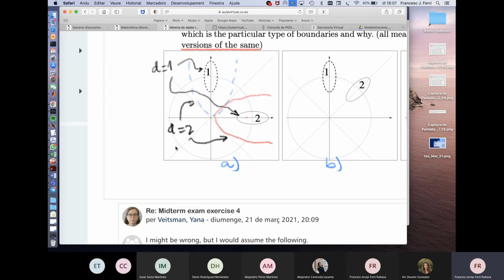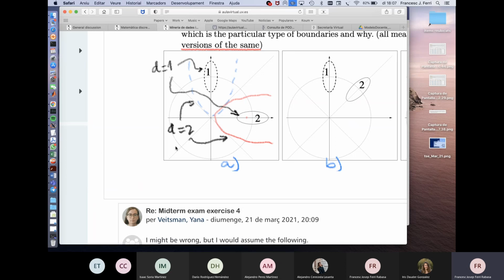Almost all of you have agreed that this is the mean of class 1, this is the mean of class 2, this is a Gaussian distributed like this, and this is a Gaussian distributed like this.